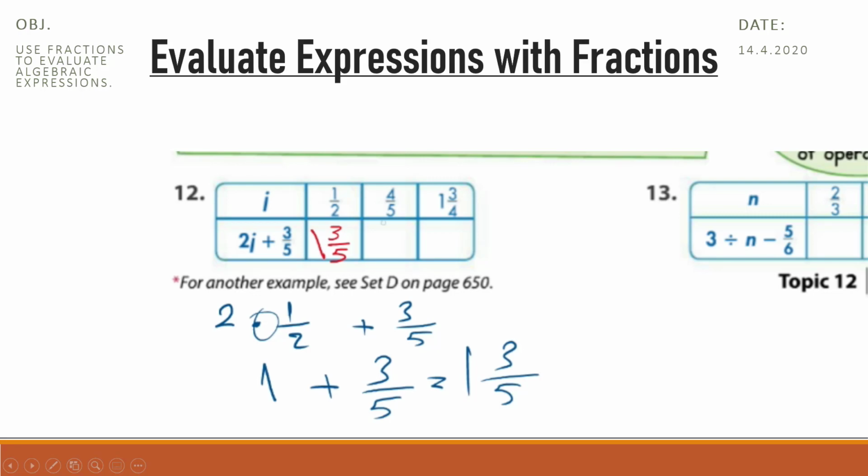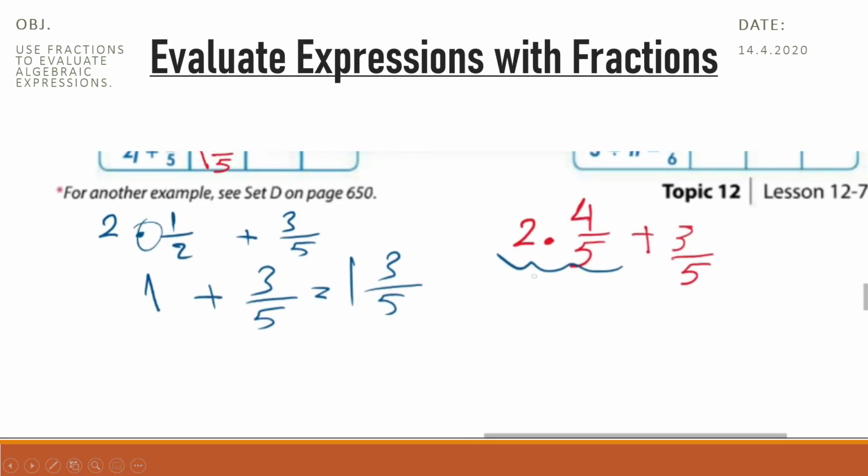Now, do j for 4/5. Okay, it will be, solve with me, 2 multiplied by 4/5 plus 3/5. Okay, try it. I'm waiting for you. Good. So start with multiplication. Multiply.